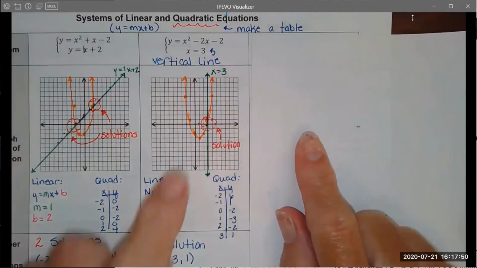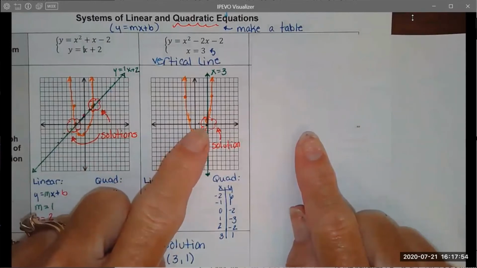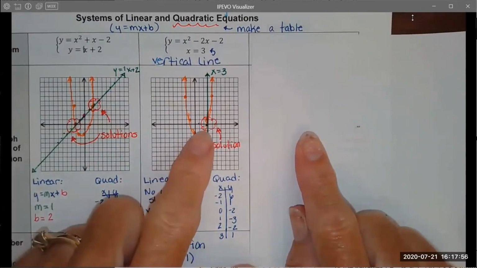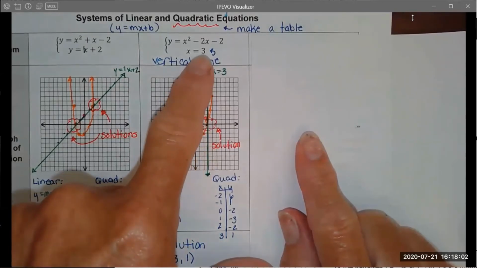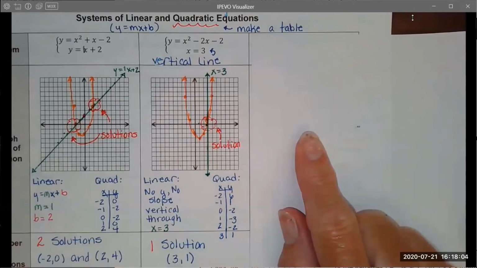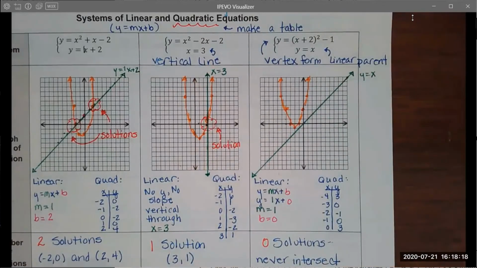When I did so, I noticed that the vertical line intersects my parabola in exactly one place, and that will be when the quadratic has an x value of 3, because that's the only x value I could have. So in this case, my system of equations has one solution, and that solution is (3, 1).